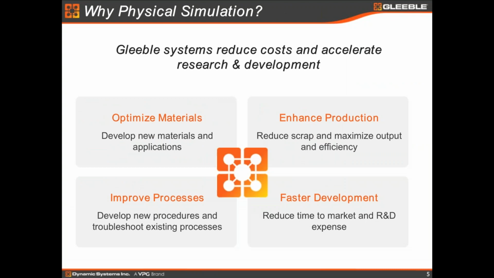Now, with that said, I still want to address why we need to do physical simulation. We all know that, but I want to address it in terms of these four points. Firstly, we can develop new alloys, right? And even for current materials, we can optimize them because you don't know if there is any room to improve.